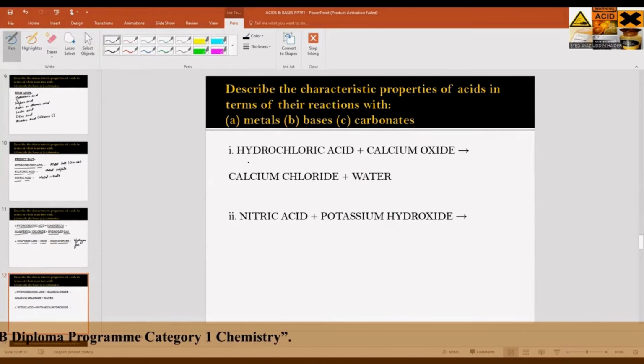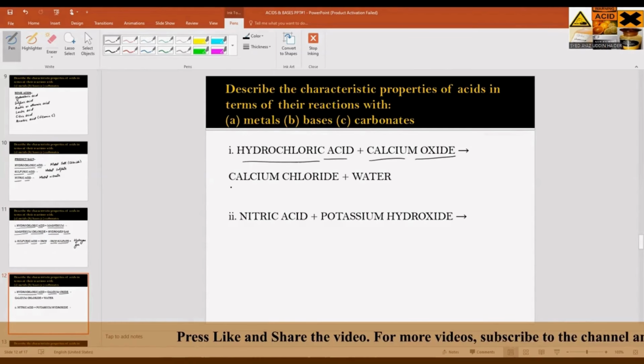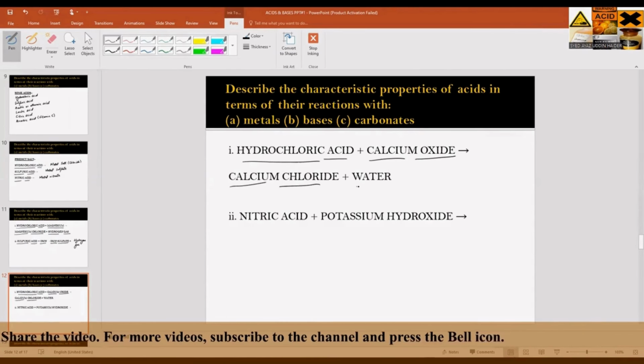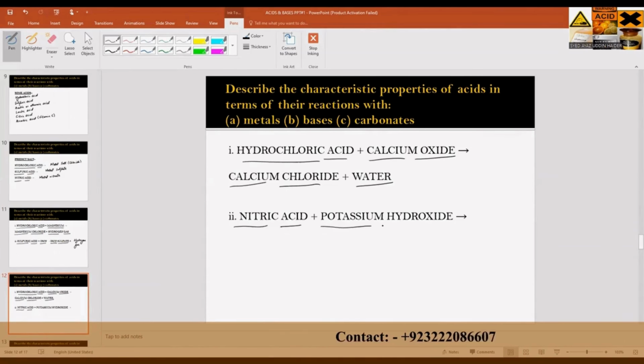Now, when hydrochloric acid is reacted with calcium oxide, the products will be calcium chloride and water. Can you predict the name of the products when the acid is nitric acid and the other reactant is potassium hydroxide? Remember, I've told you when acids are reacted with metal oxide or metal hydroxide, you will get salt and water.